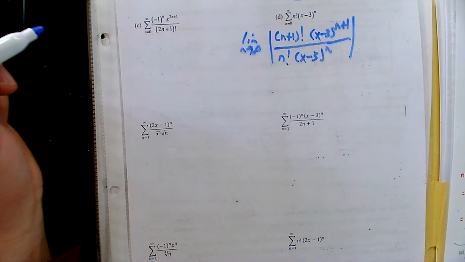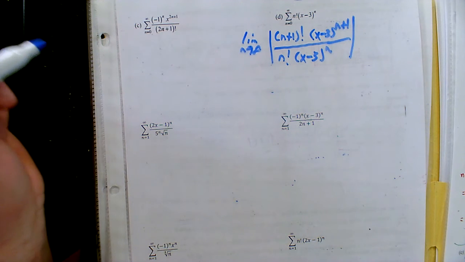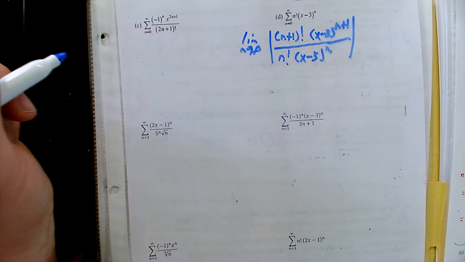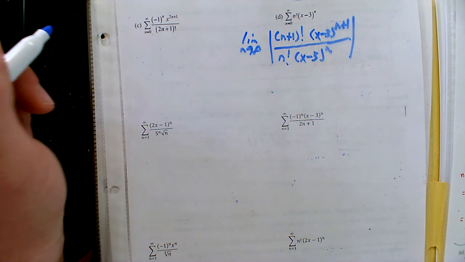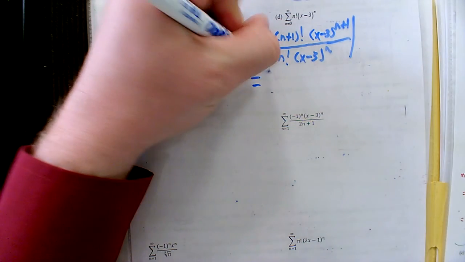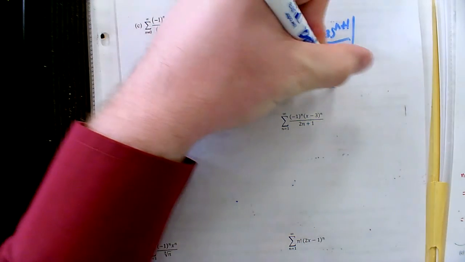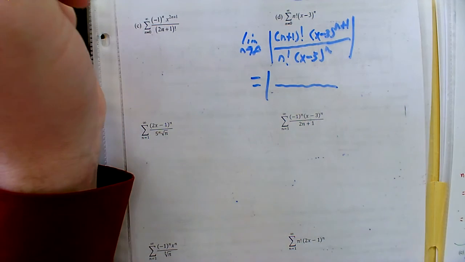So we change the n's to n plus 1, and we divide by the original. And once again, we need to determine if anything cancels out. I think stuff will. What will the answer be when you cancel out? What are you left with, top and bottom?